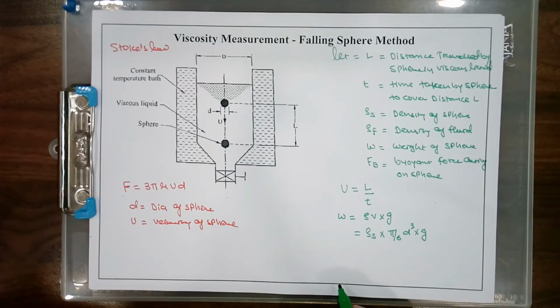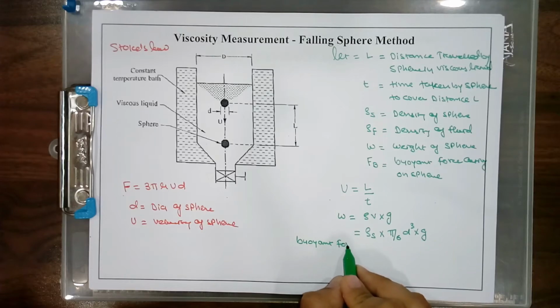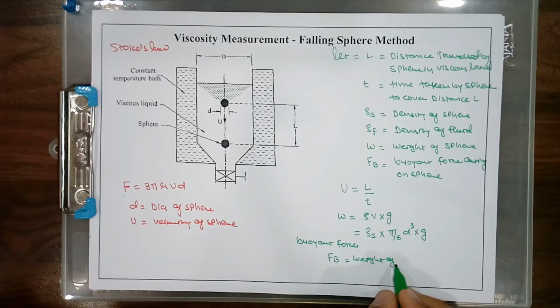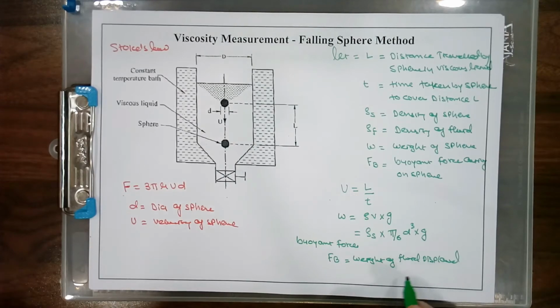Now students, we calculate the buoyant force acting on the sphere, which equals the weight of the fluid displaced. So it is pi by 6 d cubed into rho F into g.